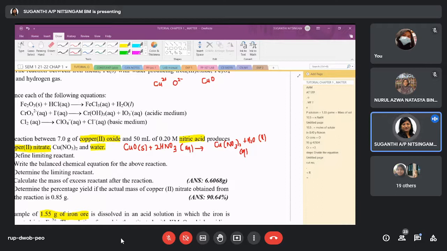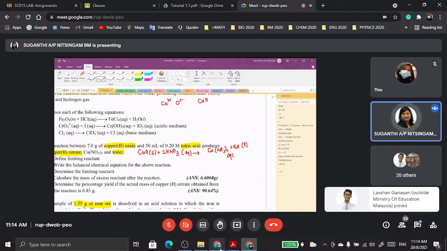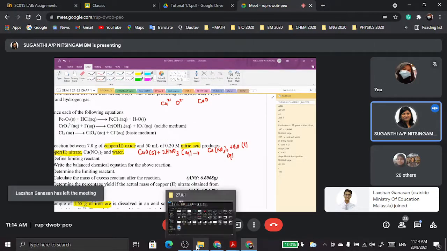Cepat. Saya sedang menunggu. Cepat, siapa yang nak hantar?